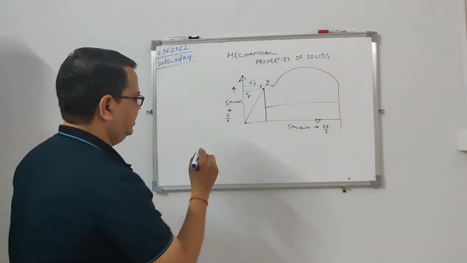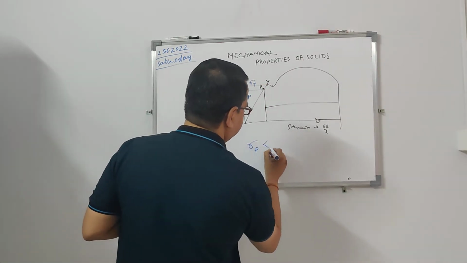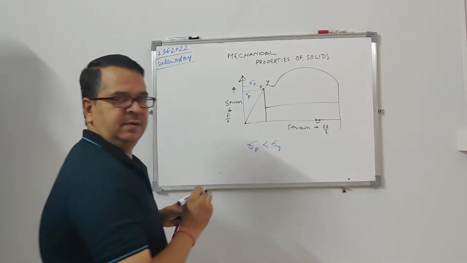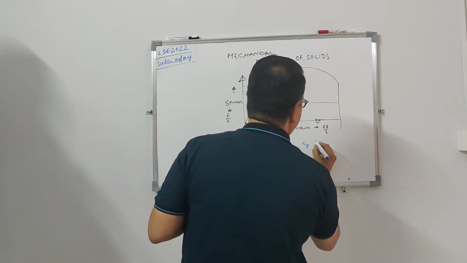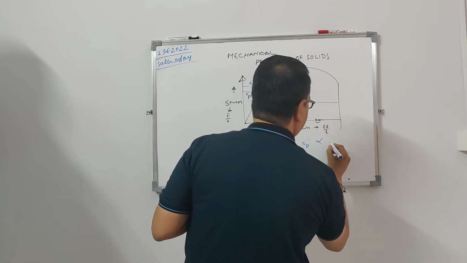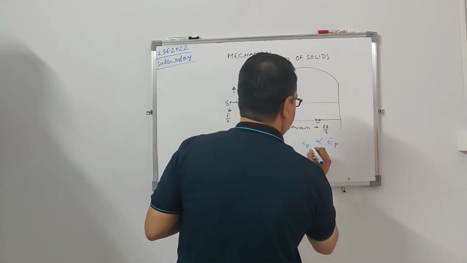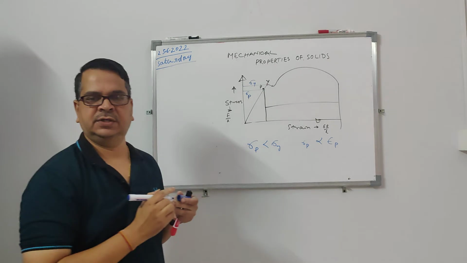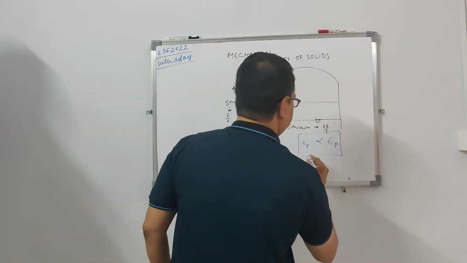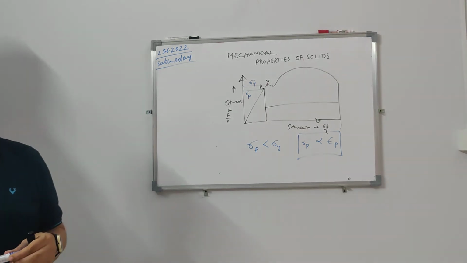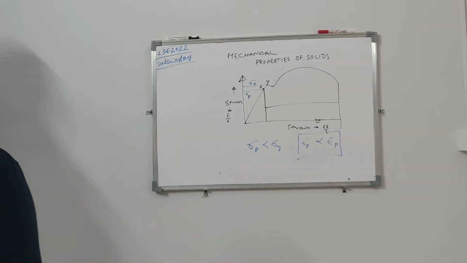So sigma p is less than sigma y. Till sigma p, stress is directly proportional to strain. They are proportional, and beyond the proportional limit, they are not proportional. So that statement is correct.